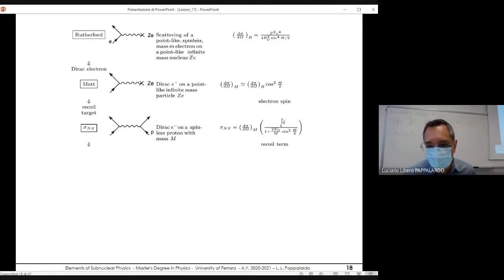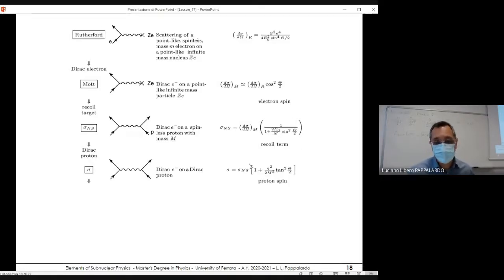Then we introduced the finite mass of the proton. So the proton now does a recoil, and we obtain this cross-section.